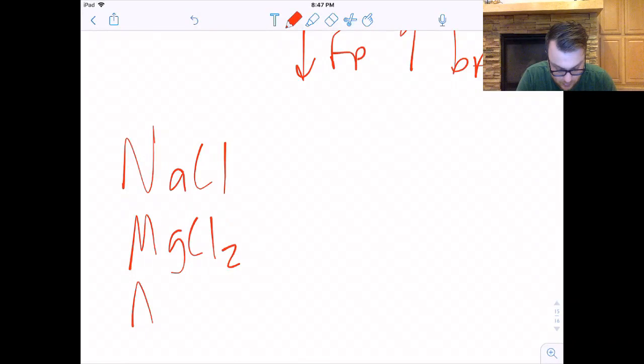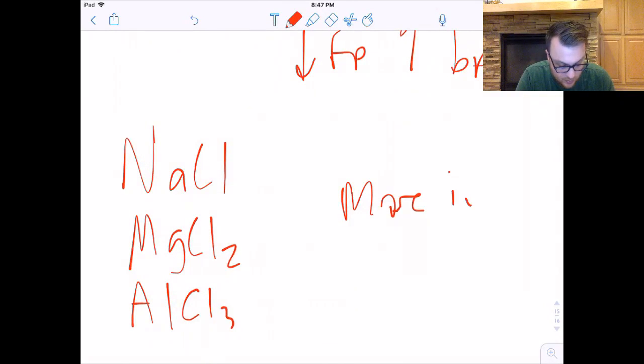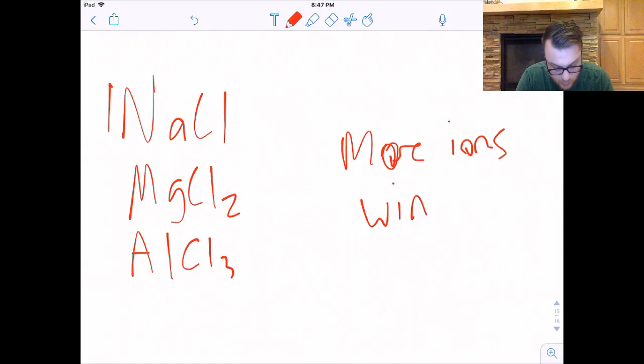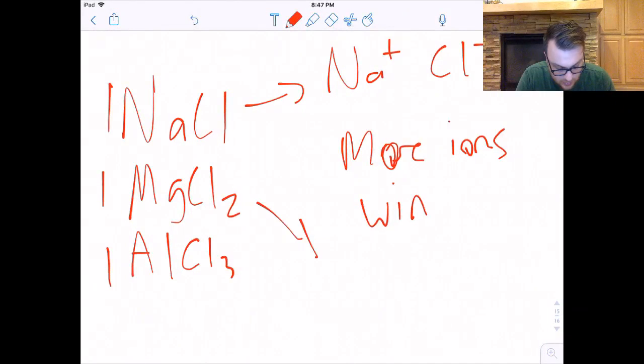MgCl2 is Mg2+ with 2 Cl-. AlCl3 is Al3+ with 3 Cl-. 1 Al, 3 Cls, this wins. Lowers the freezing point the most, raises the boiling point the most.